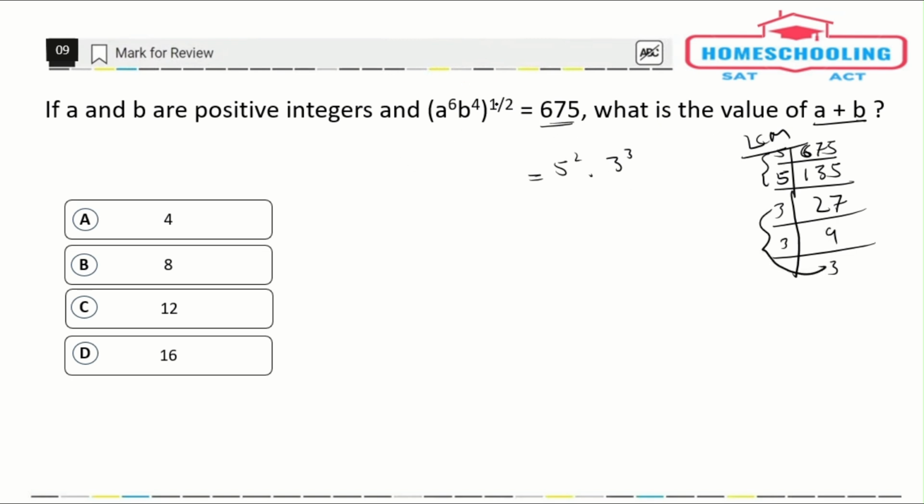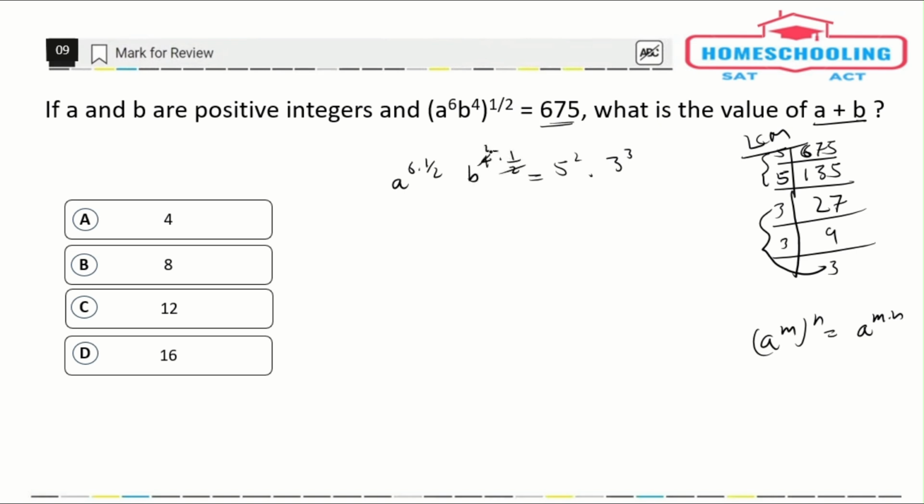Now, as we know, a to the power m whole to the power n is equal to a to the power m into n. So we can say that a to the power 6, and the outer power is half, so into 1 by 2, and b to the power 4 into 1 by 2.